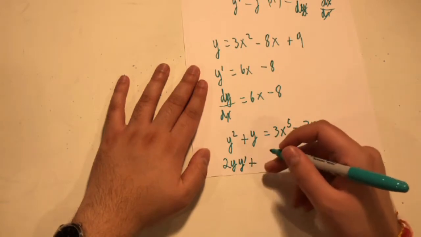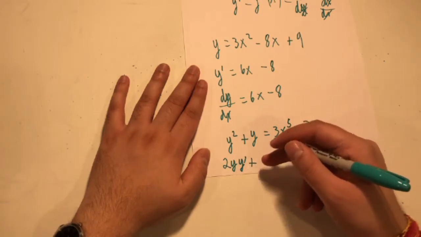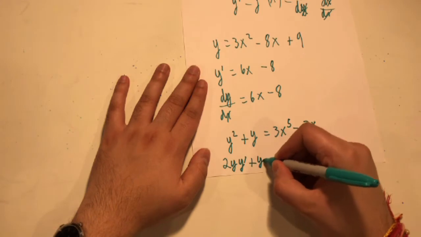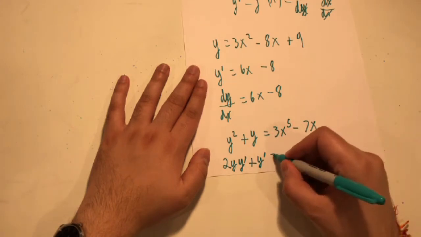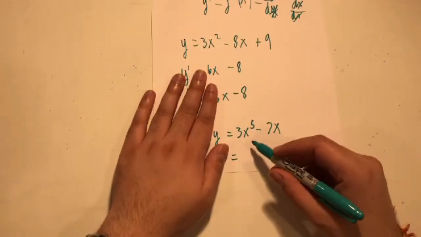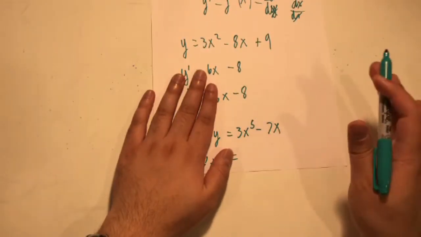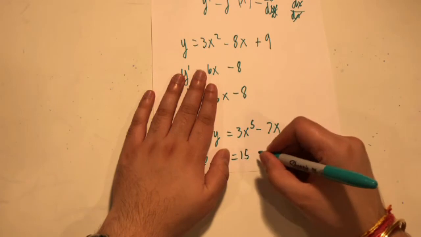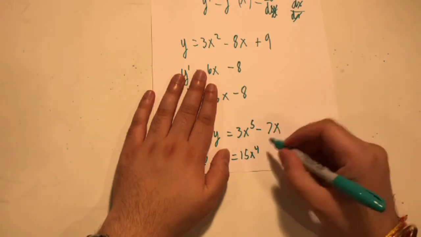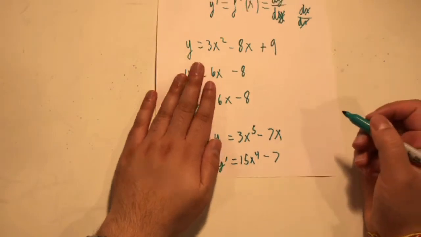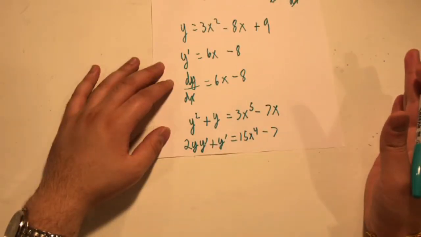So that would be plus 1. And remember, we always have to tack on a y prime. And now that's going to be equal to, so we'll do this side. 3x to the 5th should be pretty easy. That's 15x to the 4th. And then 7x, that's just 7. All right, easy enough so far.